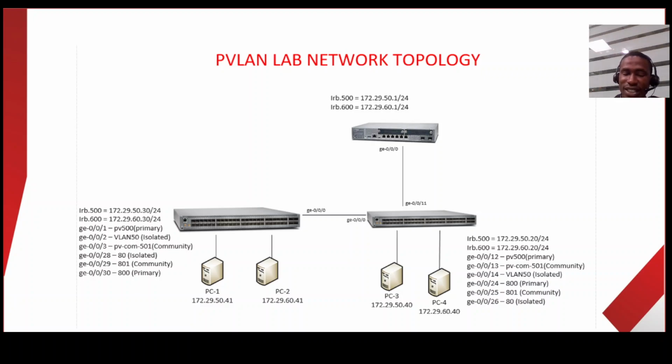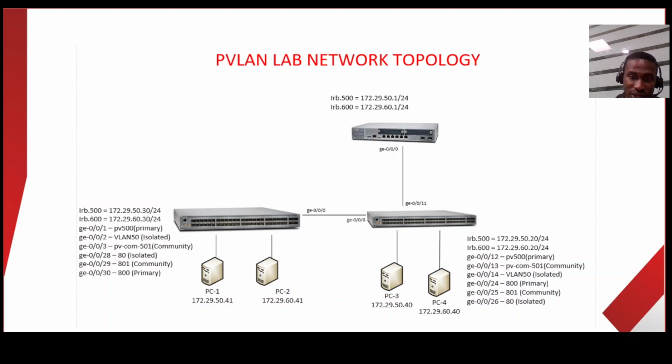So the isolated VLAN ports and the community VLAN. This test here was using switches to test the concept of isolated VLAN and community VLAN. If you go through what this diagram shows, it is using the switch.